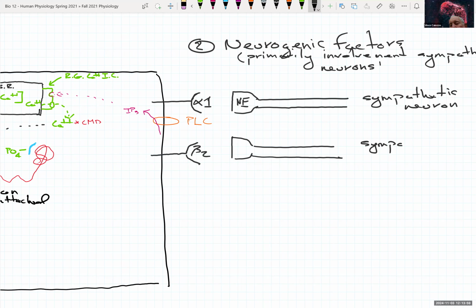So here's another instance of the involvement of a sympathetic neuron.